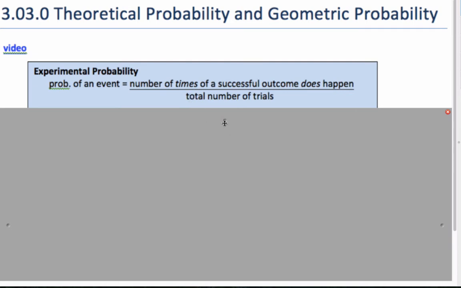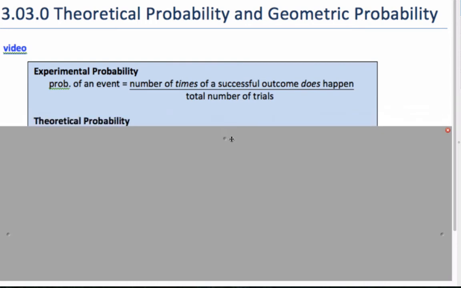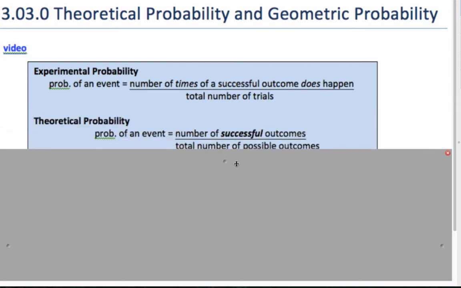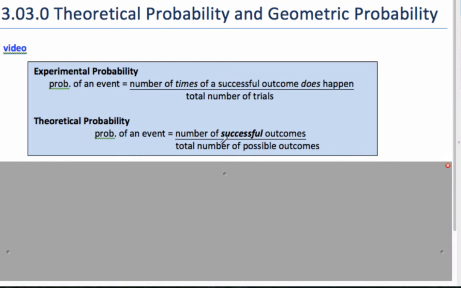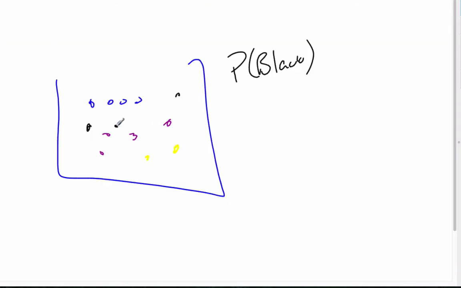We did this with the dice game the other day. Theoretical probability, though, is when we look at the number of successful outcomes over the total number of possible outcomes. So if we go back to this bin, the theoretical probability would be if we counted all of the black beads, that would be success on the top, over the total number of beads on the bottom of our fraction.